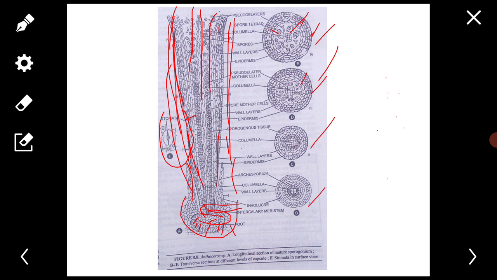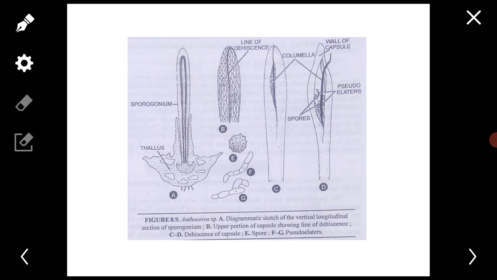Next, go to the columella. जो एक columella बीच में है, center में है, that is columella. This is the columella. The center of capsule is occupied by columella. It originates from endothecium.